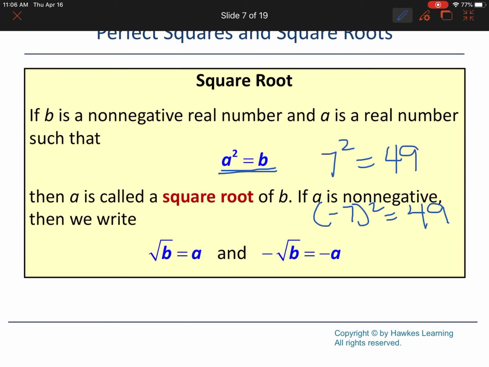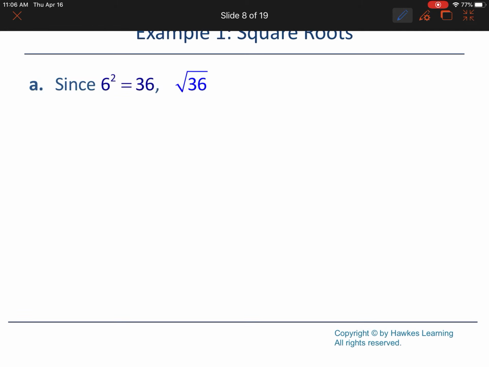But if we write it with a radical, it makes us differentiate between them. Okay? So the square root of 49 is going to equal 7, because that radical is telling us we want the positive one. If we want the negative one, then we need to put a negative in front of it, like this, right? So the negative square root of 49 will equal negative 7.